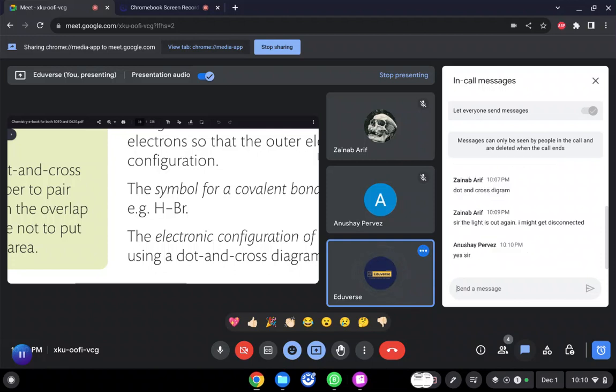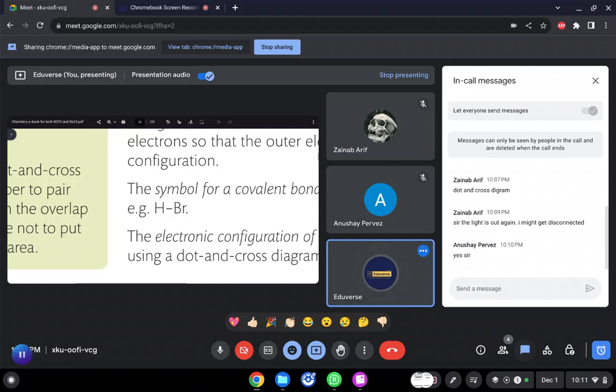All right. So I gave you the concept of octet and duplet. Octet means all those atoms, elements, which can make themselves stable by having 8 electrons in their outermost shell.